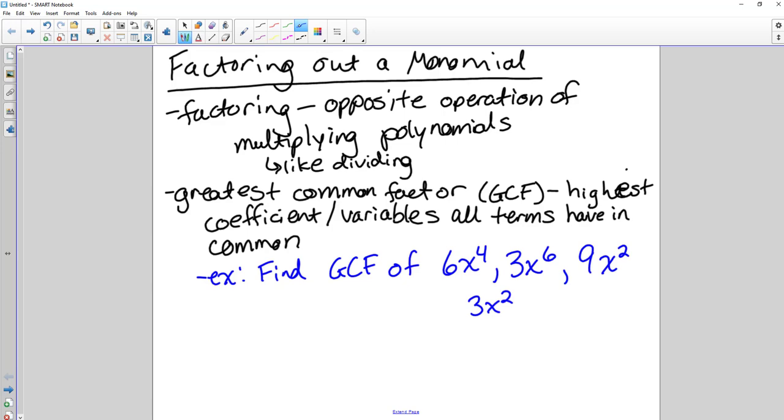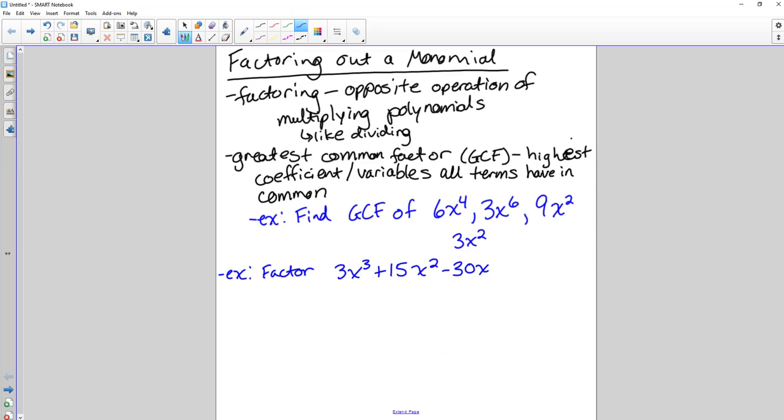Okay, so now what we're going to do is factor, for our first example, 3x cubed plus 15x squared minus 30x. When we're asked to factor that, first we look at what is the greatest common factor.